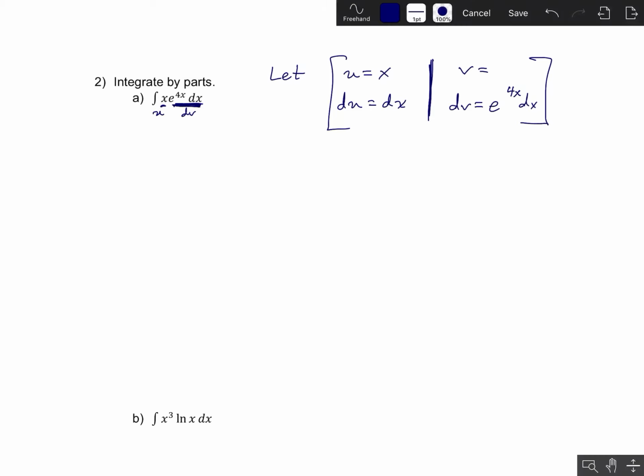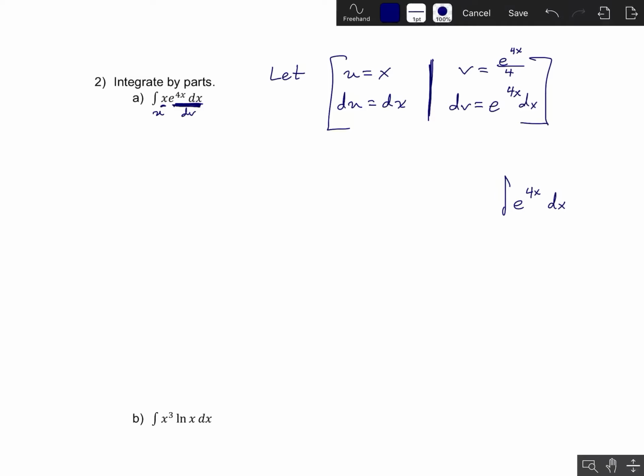Now for v, you need to integrate to get from dv to v. So we would integrate e to the 4x dx. If I integrate e to the 4x dx, the integral there would be e to the 4x divided by 4. So if you need to do some scratch work to compute that integral, then you can. So you could do this with a u substitution if you'd like.